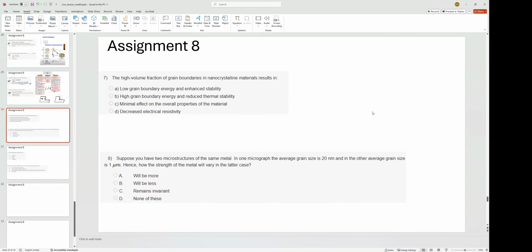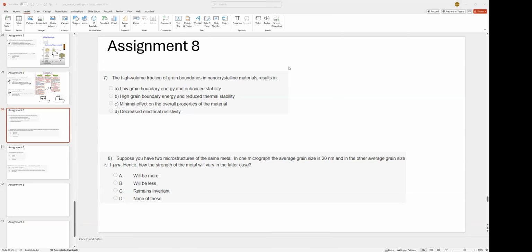High volume fraction of grain boundaries in nanocrystalline material results in what?